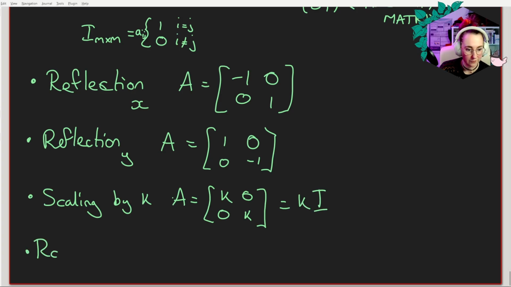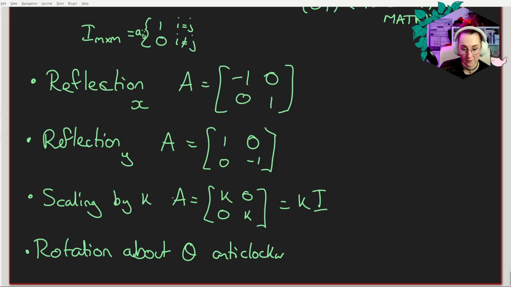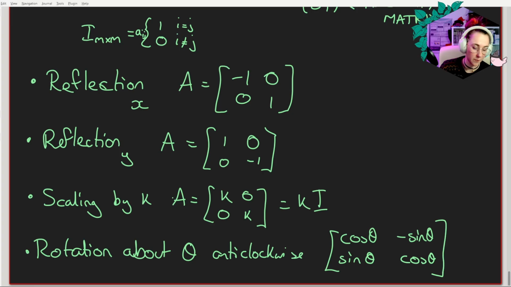And then finally, rotation about theta, anti-clockwise, is the matrix cos theta, minus sine theta, sine theta, cos theta. And there's some really cool trig going on behind the scenes there.